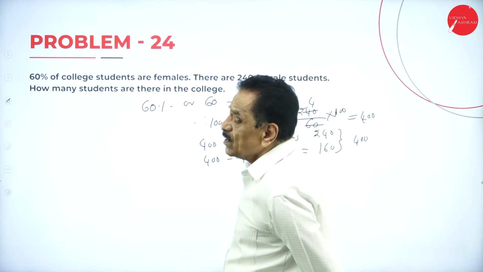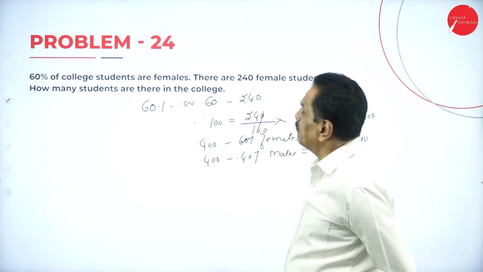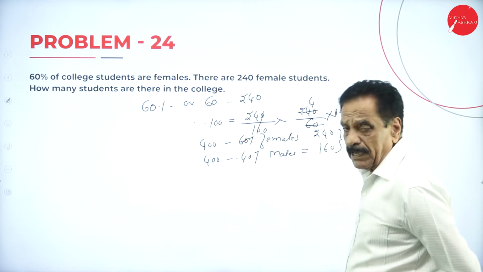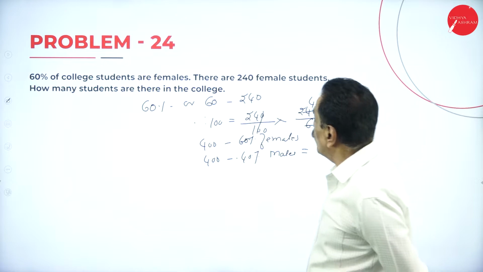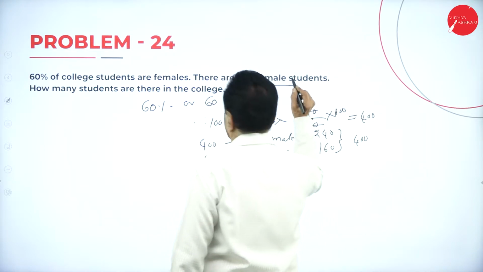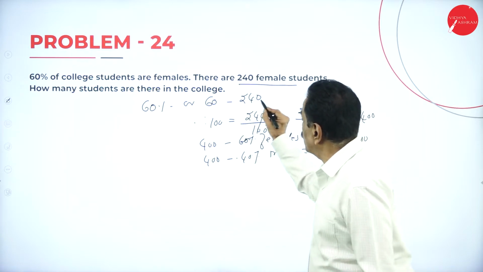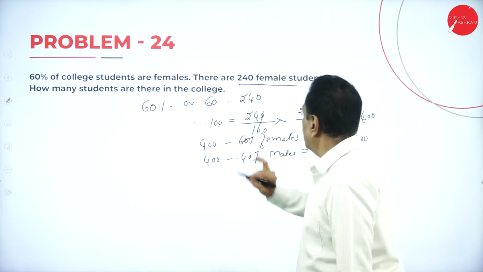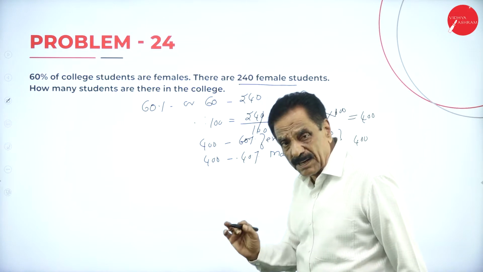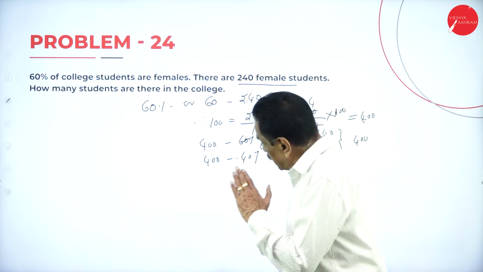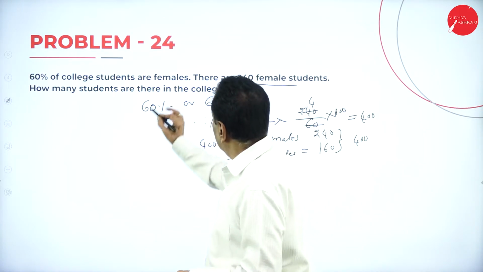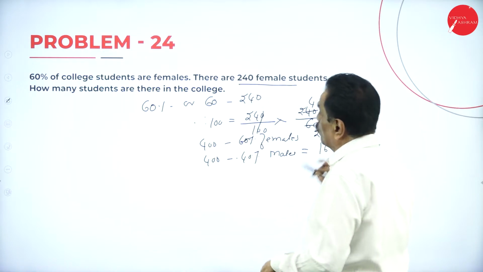I'll repeat. 60% of college students are females. There are 240 female students. How many students are there in the college? For 60 it is 240, so for 100, it is 400 students. Out of the 400 students, 60% are females, which means 240.